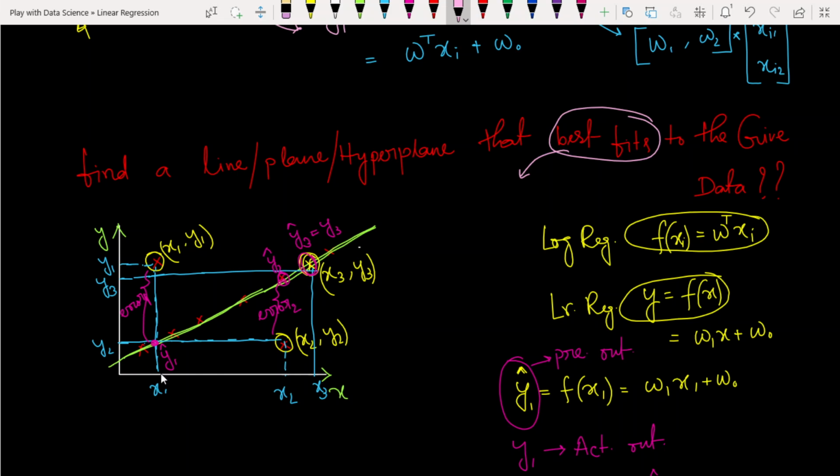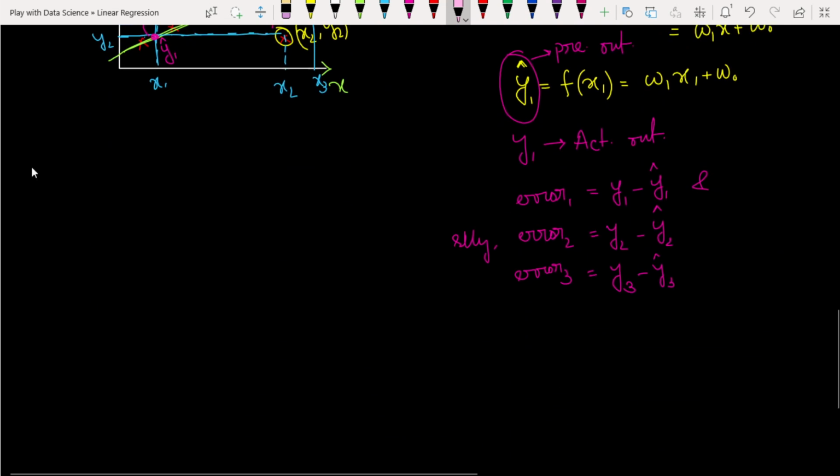We have to minimize the sum of the errors.